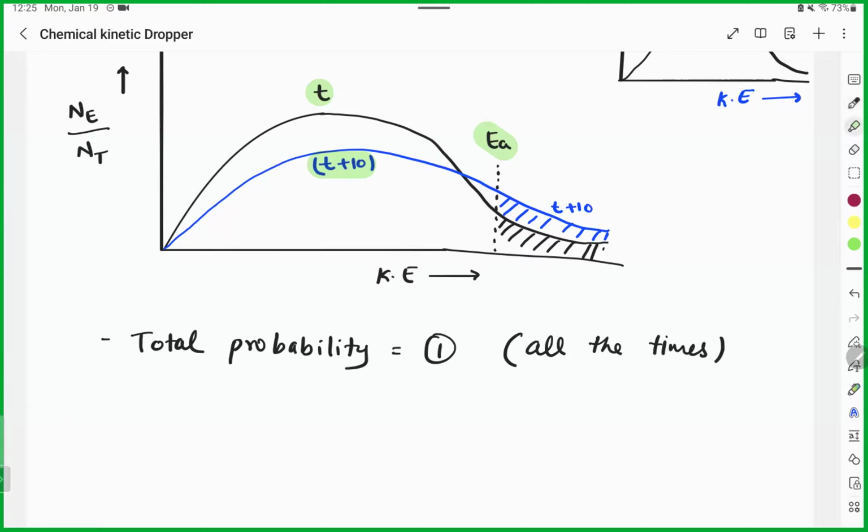Maximum 100 molecules can be productive, not more than that, whatever you do. Make sense, guys? Any doubt?